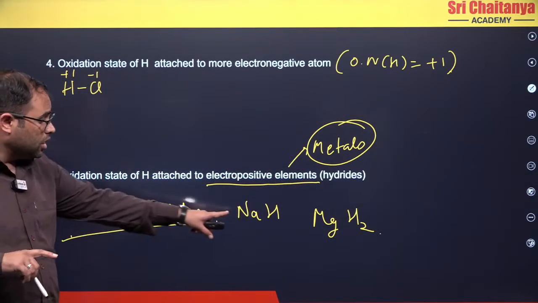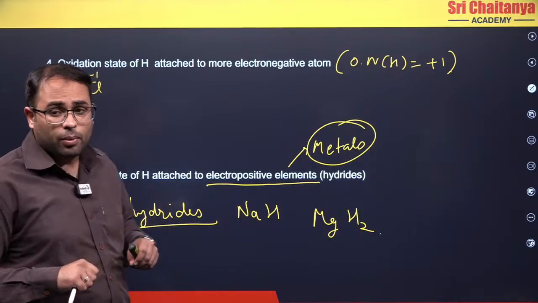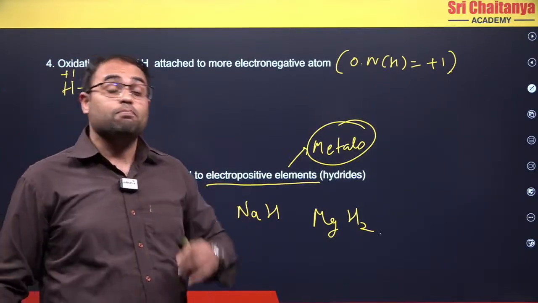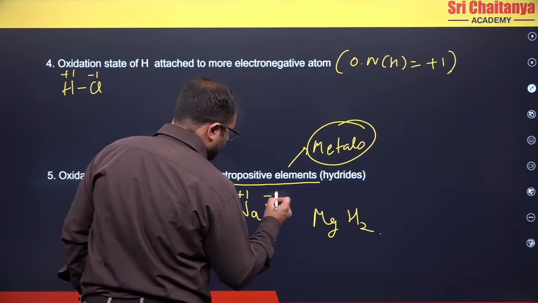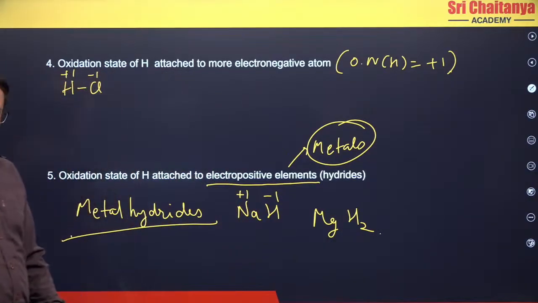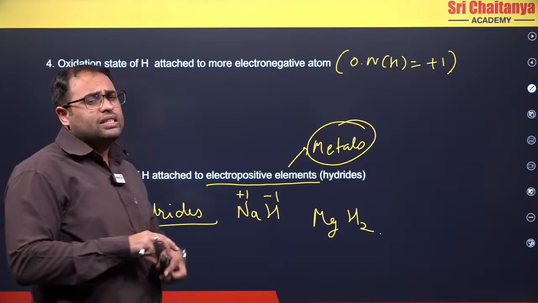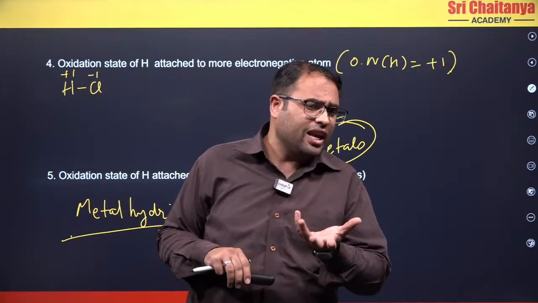Why this happens is because the metal is capable of losing electrons much more easily than hydrogen, and it is lost. This gets a +1, this gets a -1. So understand that these rules are just a way of telling you.